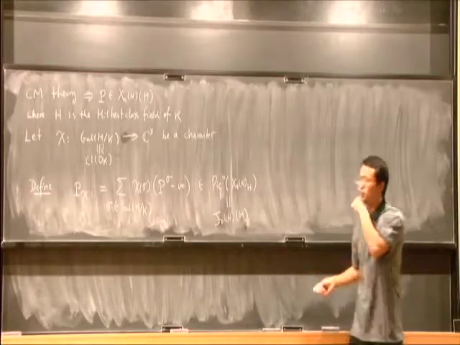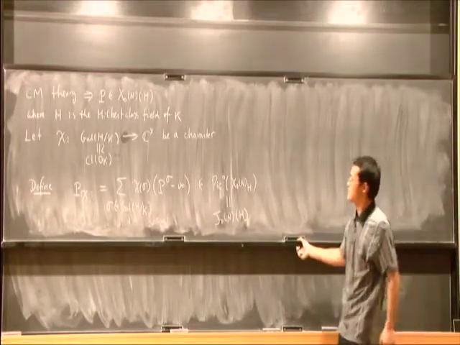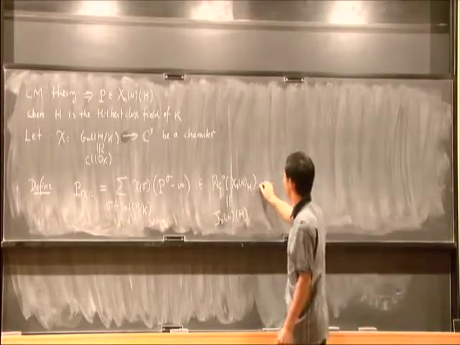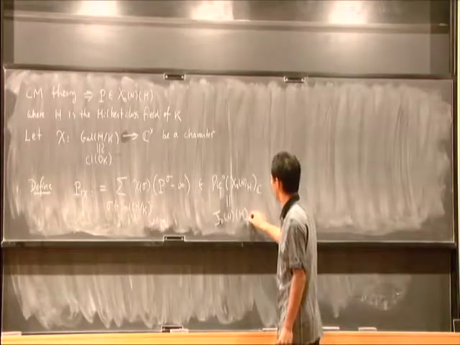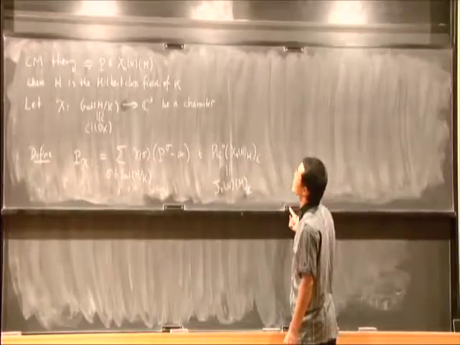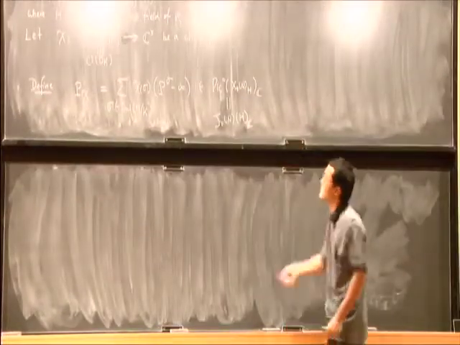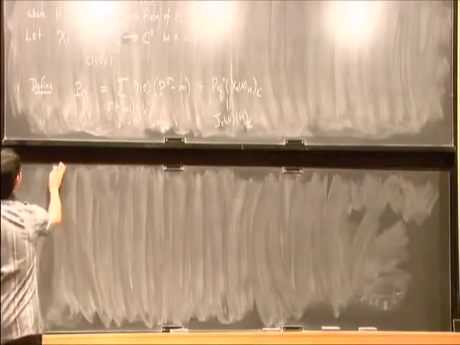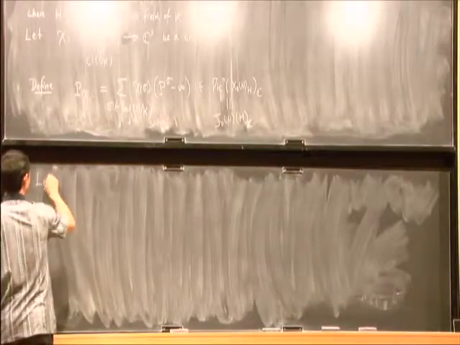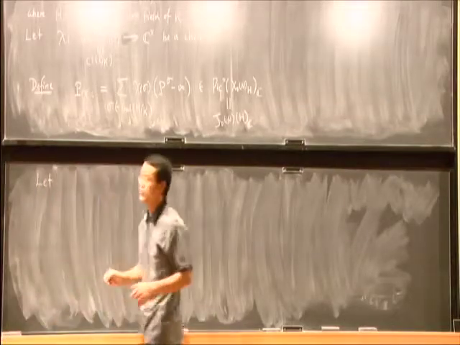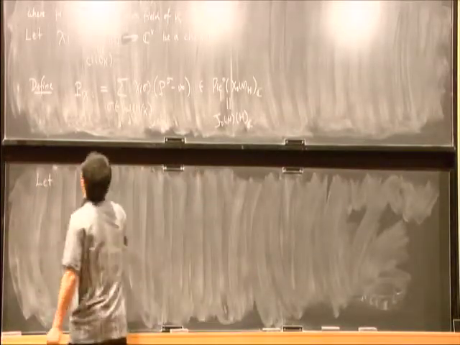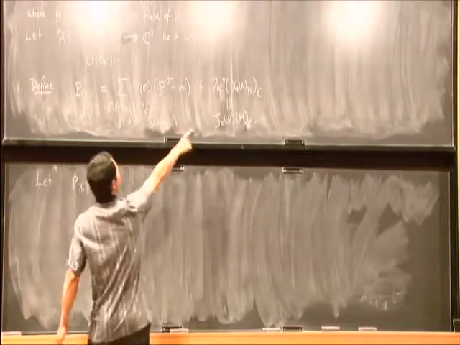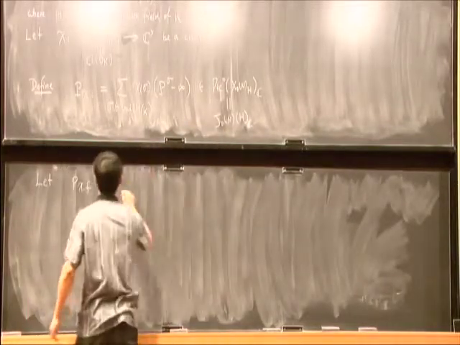J_0(N) denotes the Jacobian of X_0(N), tensor C. Now we take the eigencomponent corresponding to the Hecke operators T_n.